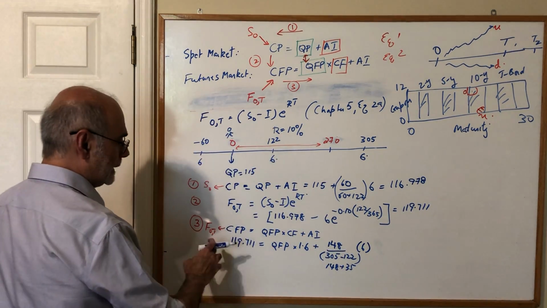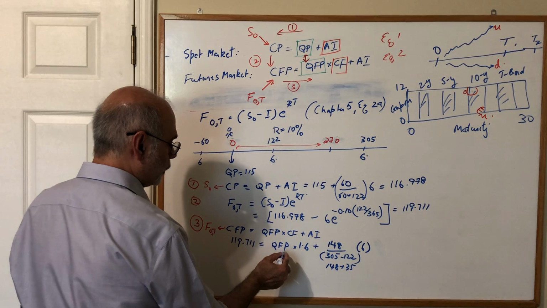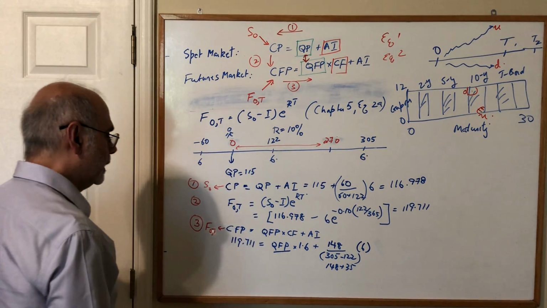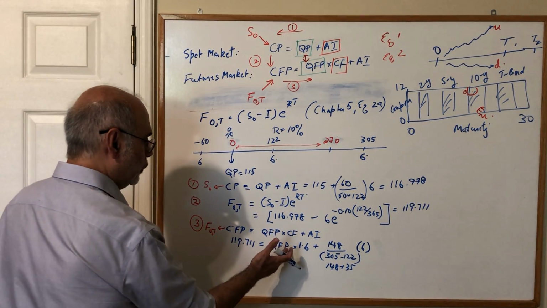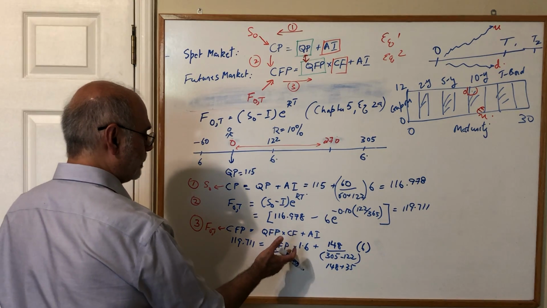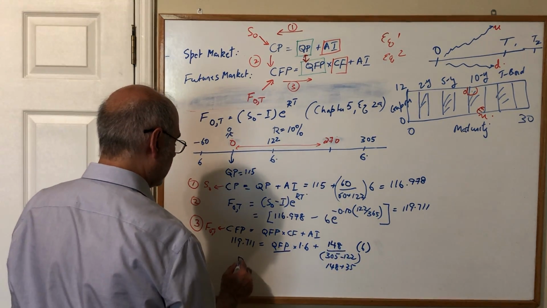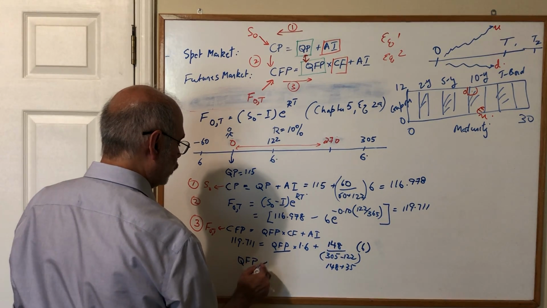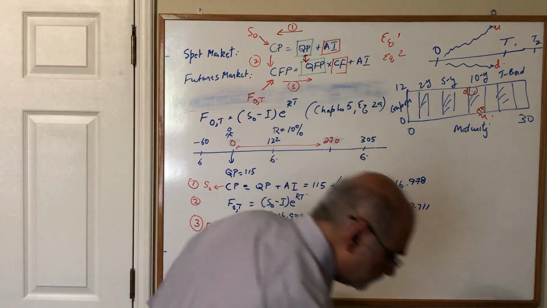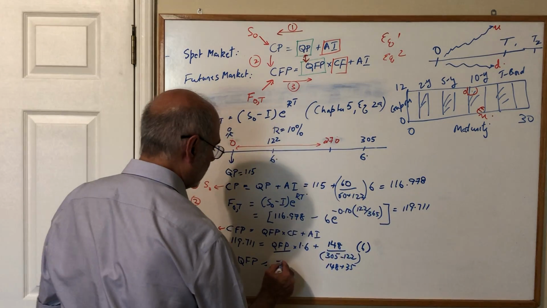So this is the equation, and the unknown I want to solve for is Q, the quoted futures price. You leave Q on one side of the equation, bring everything else to the other side, and solve. It's a simple equation. You'll get 71.79.